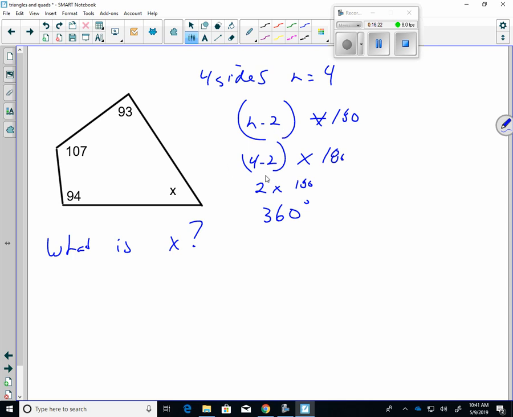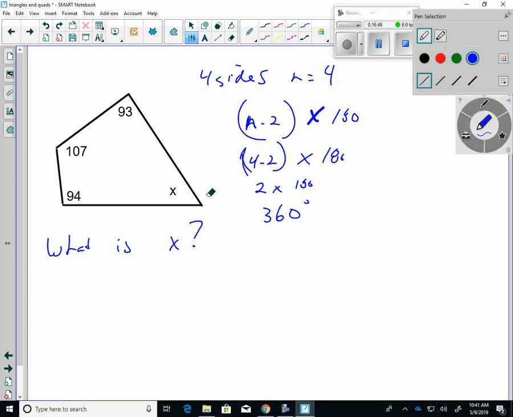Subtract 2, and what's that side? 4 minus 2? n. What's that for side after that? Times 180. Oh, it's just a multiply. I put a star. Sorry. Times. So what is x?